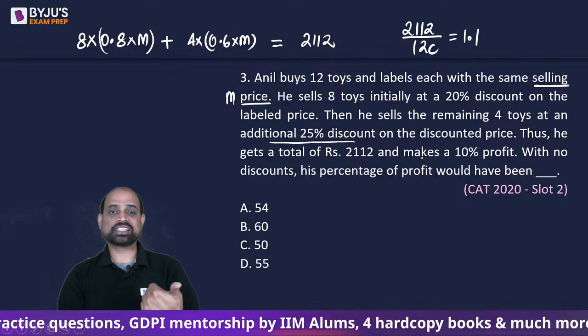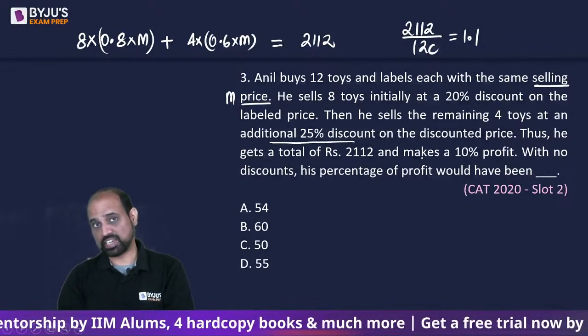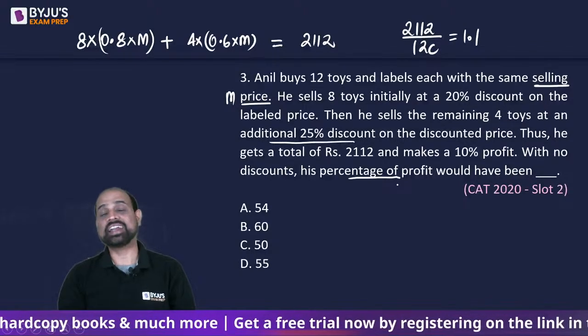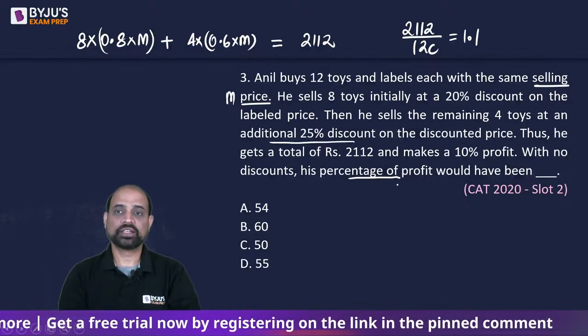So we will get the selling price, that is M, we will get the cost price, which is C, and from there we can calculate his percentage of profit had he not given any discount whatsoever, right?